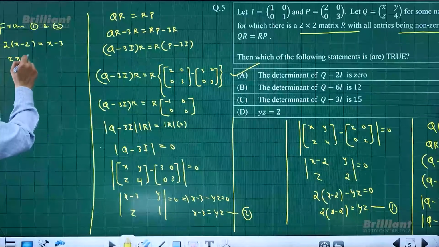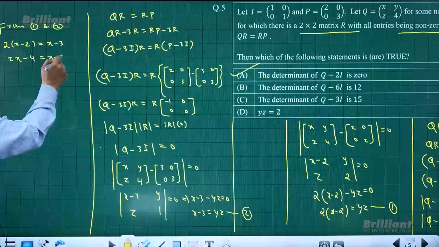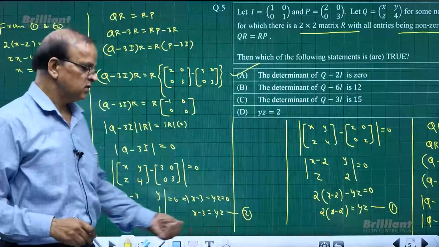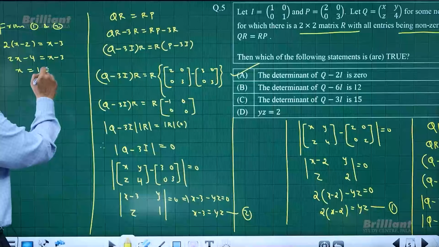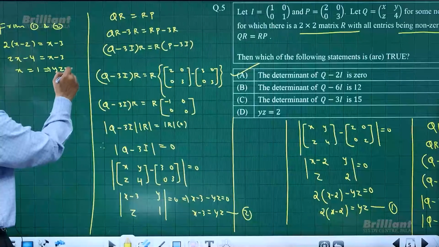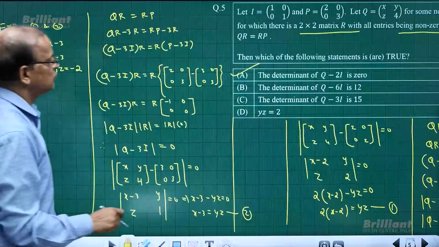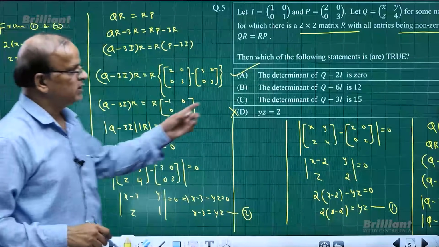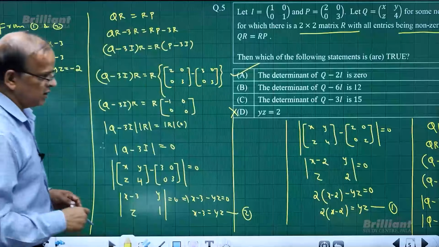So 2x minus 4 equals x minus 3, so x is equal to 1. X equal to 1, so yz is minus 2. Therefore, D is wrong. Now we have to find the determinant of Q minus 6I.